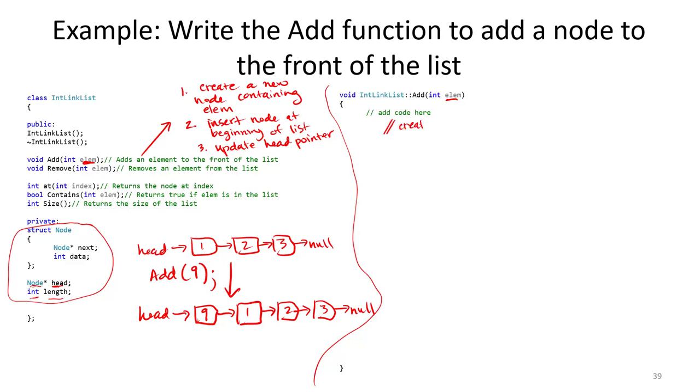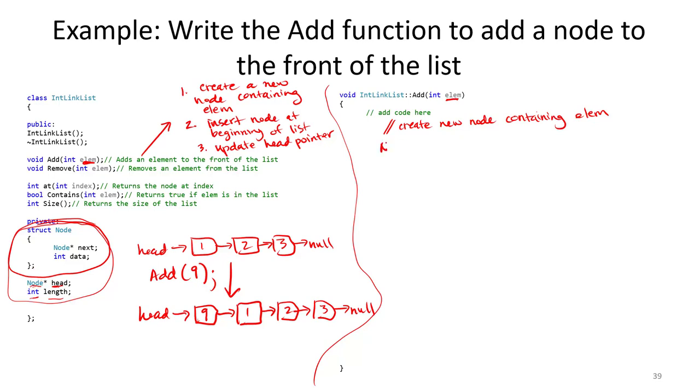First, we need to create that new node containing the element from the argument. Here our nodes are made out of the node struct. So remember, it's not list node type anymore. We need to declare a node type pointer.